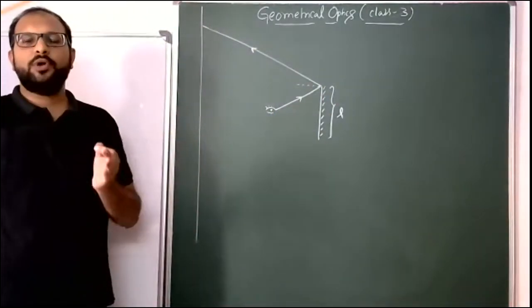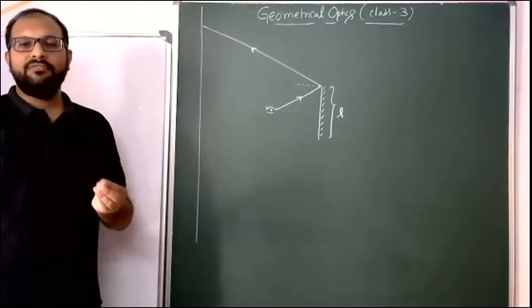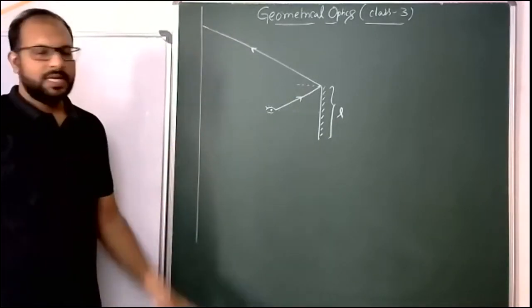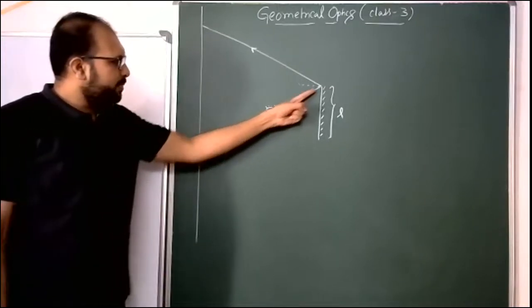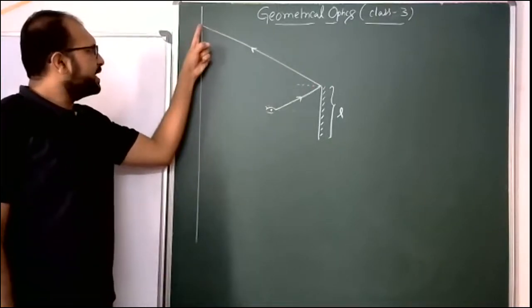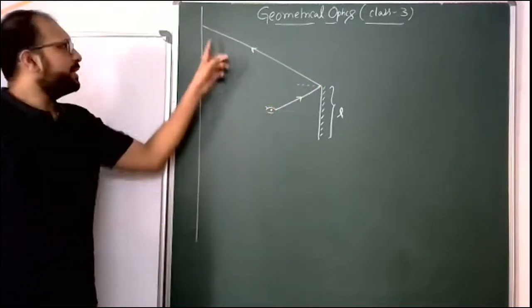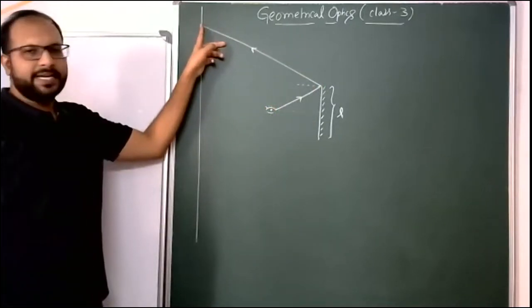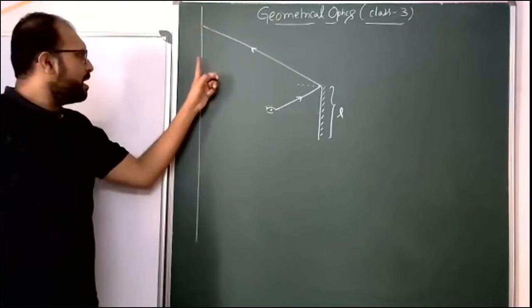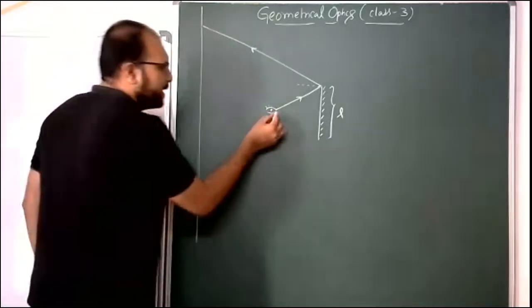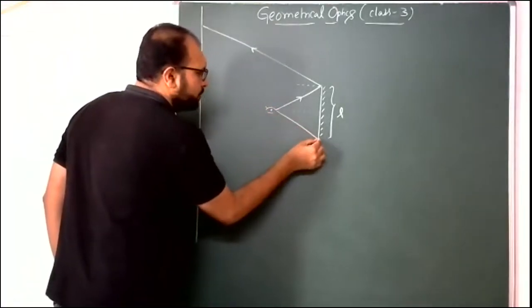And students, one more point: light follows the principle of reversibility also. So this light ray moving from here to here means definitely this light ray also moves from there to here. That means any object up to here, all these objects are now visible to this eye. Similar to that, even down also.